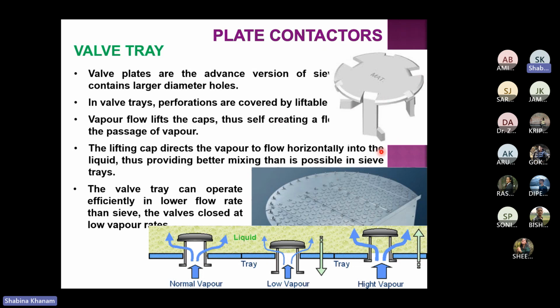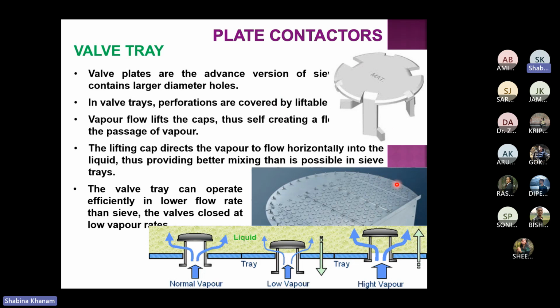The bubble cap has different advantages, because the vapor is converted into small bubbles and that interaction is possible. However, in this case, because of the horizontal and cross flow movement, we expect better mixing. The vapor comes from these holes, and then horizontal and vertical movement will occur.